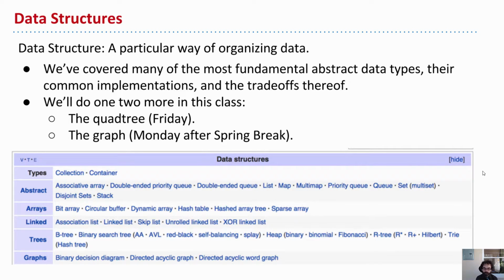Now, of course, computers don't know natively how to do something like a priority queue or a map, right? They're just not built to do that. They actually have more rudimentary pieces. So we have to have this whole hierarchy of abstractions where we go from the abstract data type, and then we have some kind of implementations. And so we've now talked about not just what those fundamental abstract data types are, but also how they're implemented and what the trade-offs are between them.